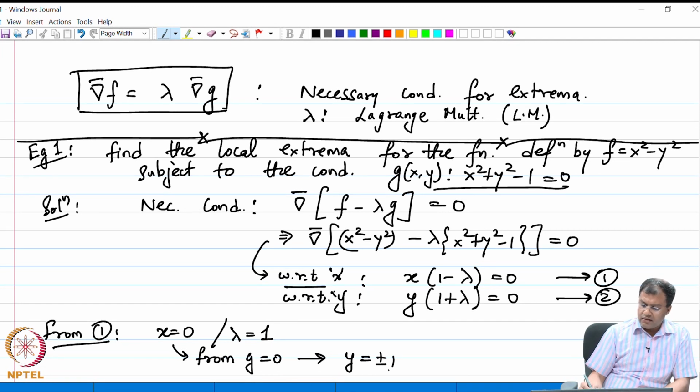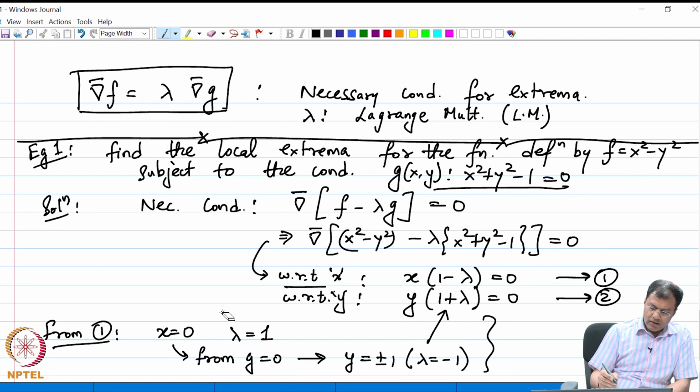If y is either of the values plus or minus 1, I get from the second equation that lambda is equal to minus 1, right.